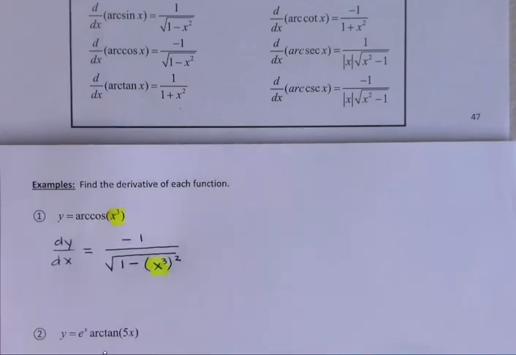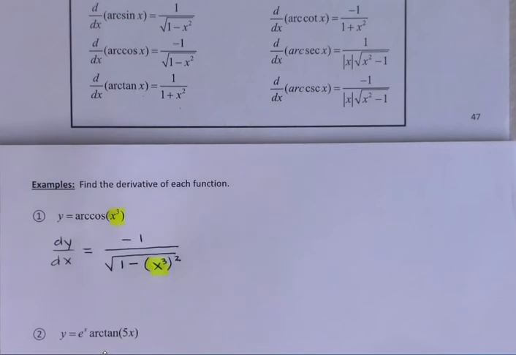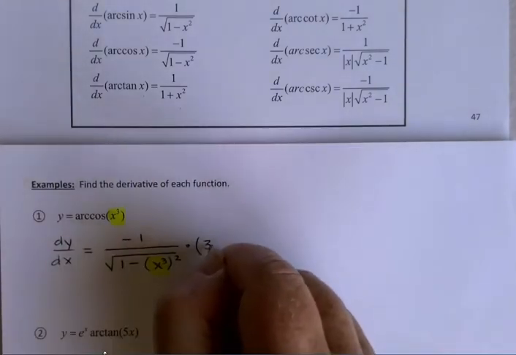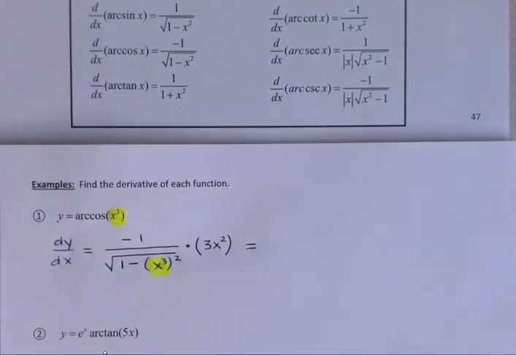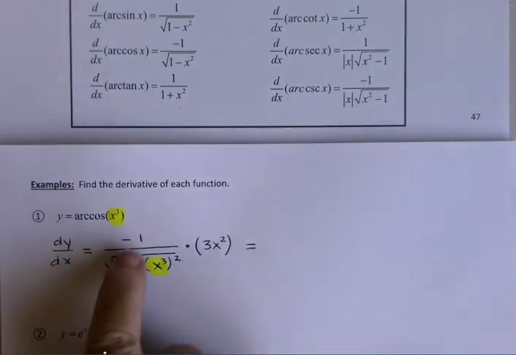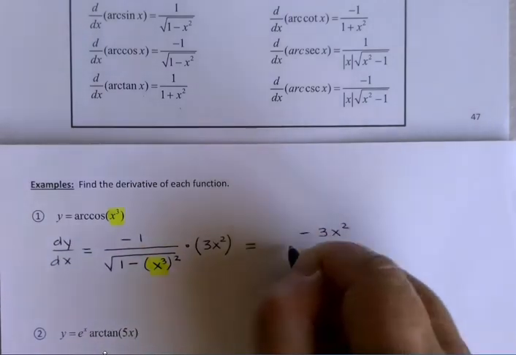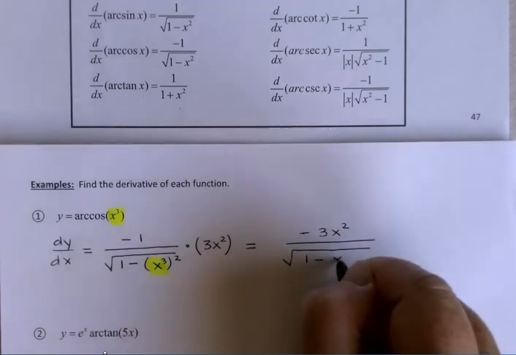I'm using the pattern from the derivative, but substituting in my actual argument from the arc cosine function. Now there's also going to be a chain rule here. The derivative of x cubed would be 3x squared. So when all is said and done, I'd have negative 3x squared on top, and my denominator is the square root of 1 minus x to the 6th.